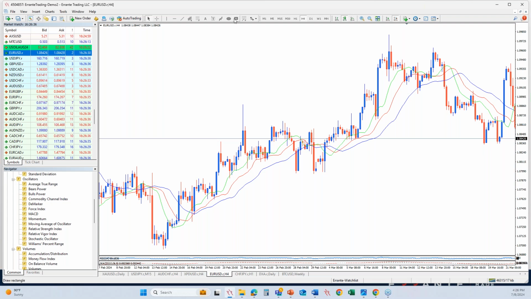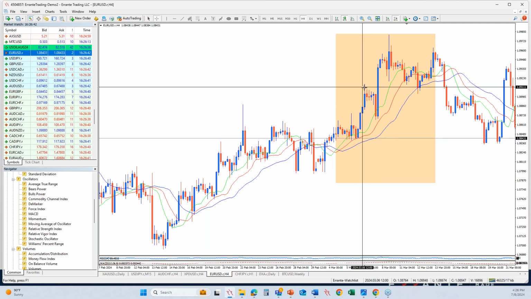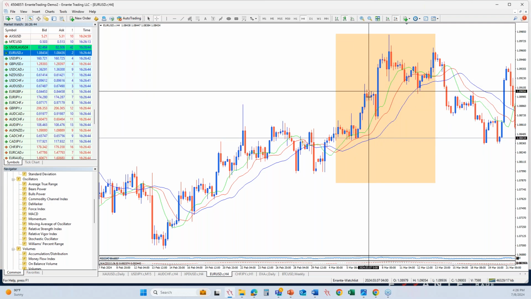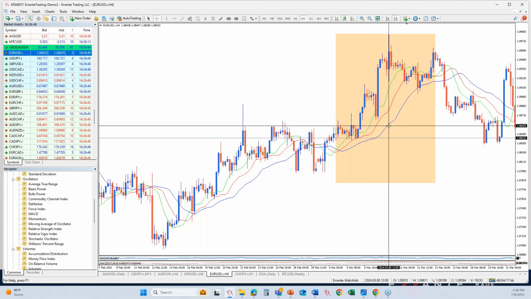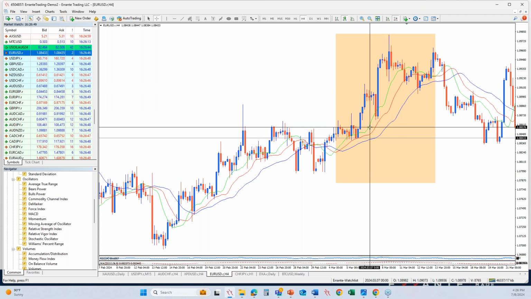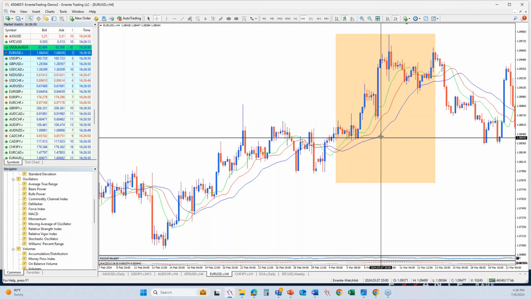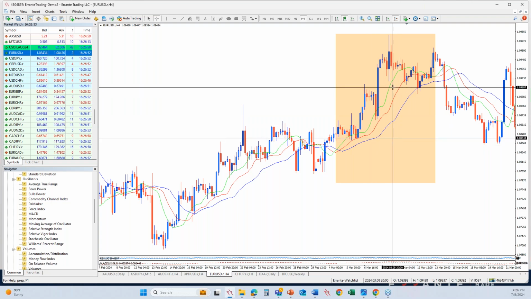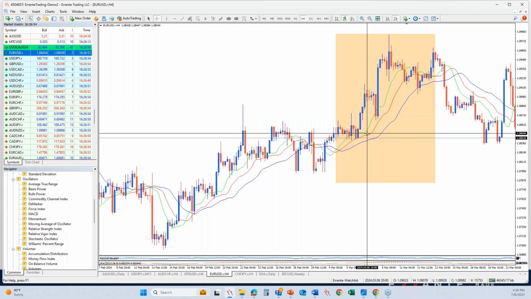Or even here, despite the price falling into the mouth of the alligator, we still have diverging lines in one clear direction, which is an indication of an uptrend.